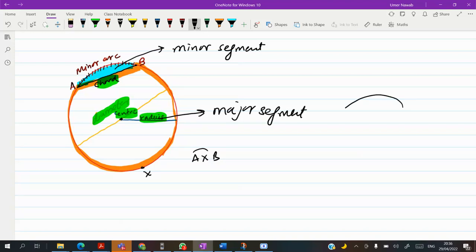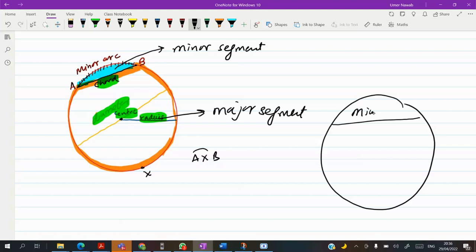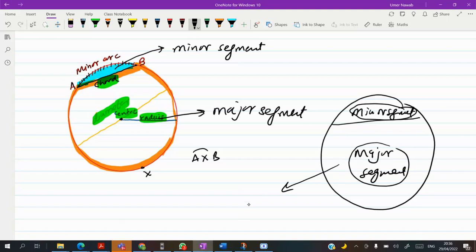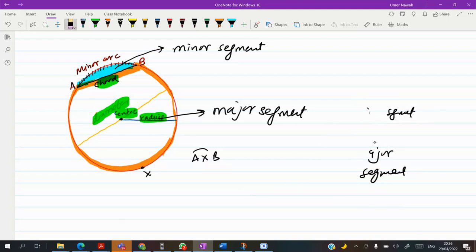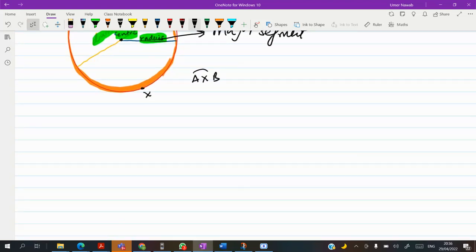So the area of a circle can be divided into two parts. This is called minor segment, and this is called major segment. The addition of minor segment and the major segment gives you the area of a circle. So let me write it clearly here so that the students can understand.